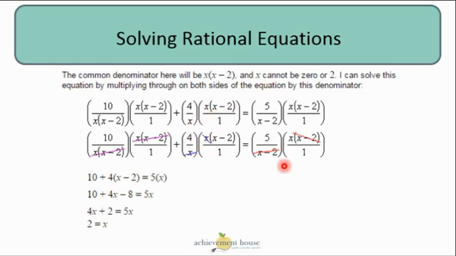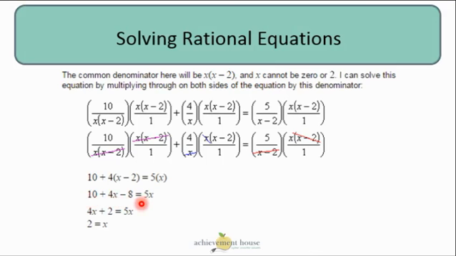And 5 over x minus 2, I have a common factor of x minus 2 in the numerator and the denominator, divides to 1, and I'm left with 5x.